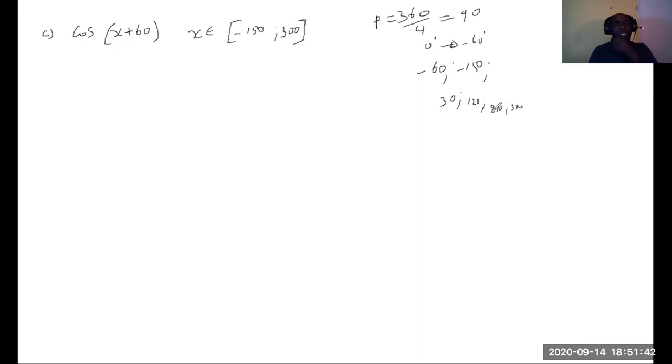So now those are the critical values we are looking for. Now let's go to the table and see what the table will give us, if it will be the same as what we are expecting.